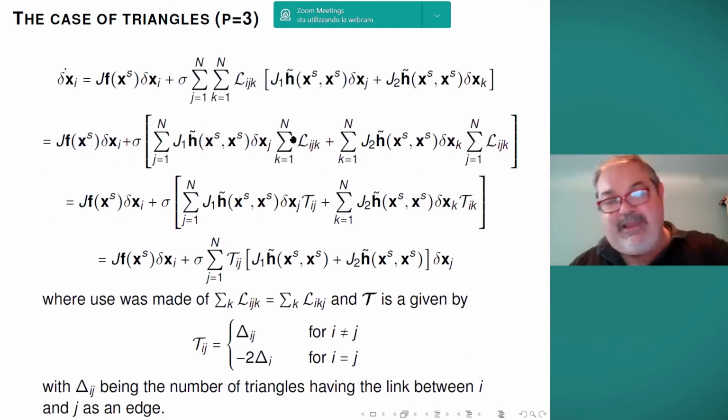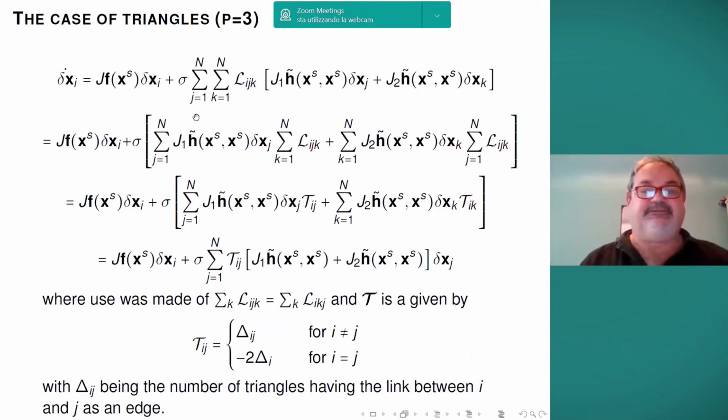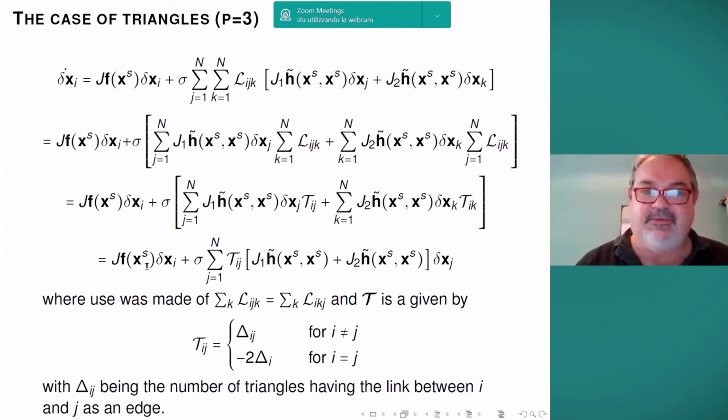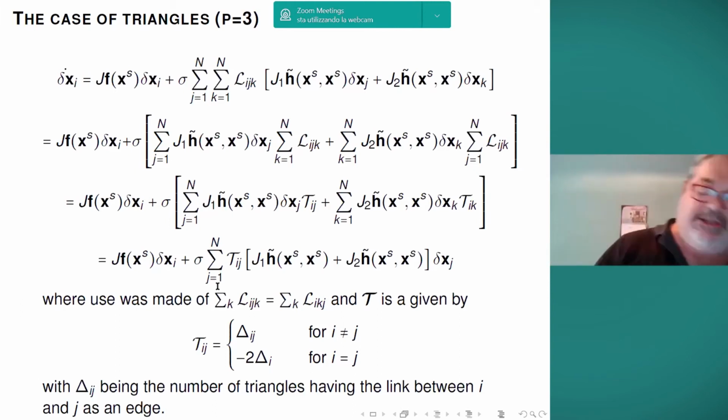And you plug in there, you make a little bit of calculation, especially you notice that some elements here do not depend on k, so you can bring them out of the sum, and with a few tricks, at the end you get this nice equation, which is that delta x_i dot is J_f(x_s) delta x_i plus, now, you see, a single sum, so you are back in a matricial representation.